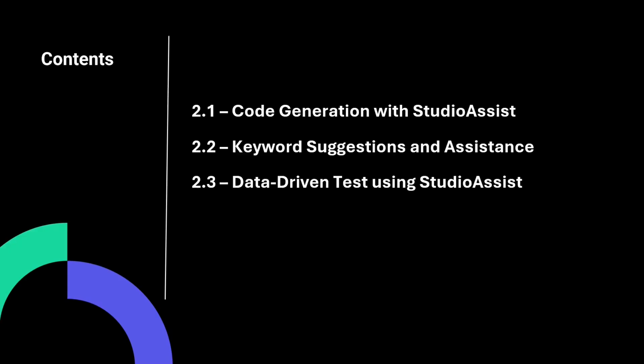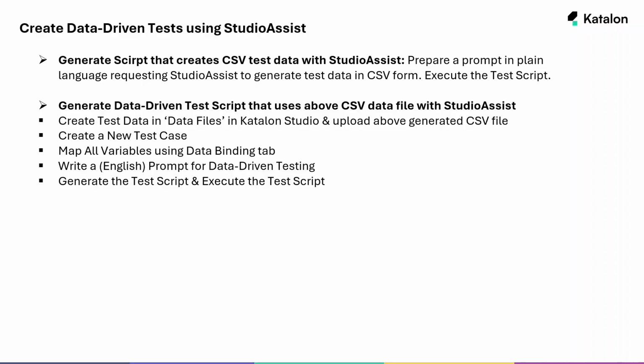As part of section 3 in chapter 2, you learn how we can create data-driven tests using StudioAssist by providing plain English language. To create data-driven tests using StudioAssist, we need to follow the below steps.